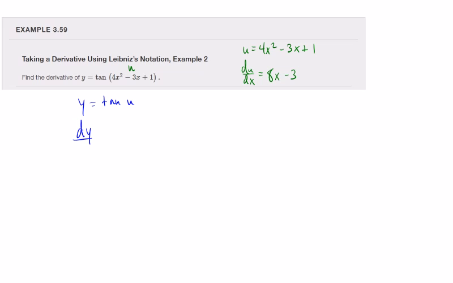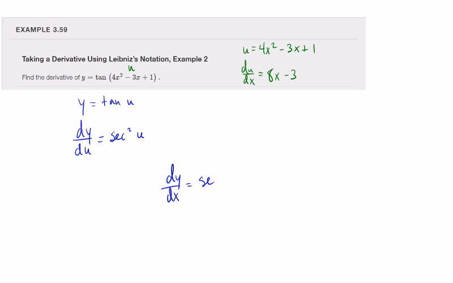So I'm going to rewrite this as tangent of u, and then I'm just going to find dy dx. Well, dy du is going to be secant squared u, and so then our dy dx is going to be this times this, right?